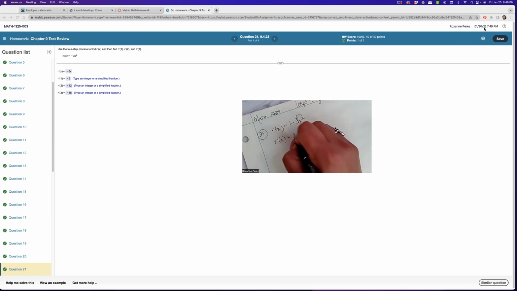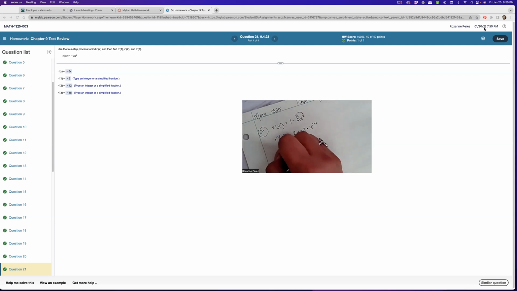So 2 times negative 3 times, bring our variable term down, x squared, and subtract a 1 from the exponent. So we have 2 times negative 3 gives us a negative 6 times x raised to the first power. So just an x, okay?